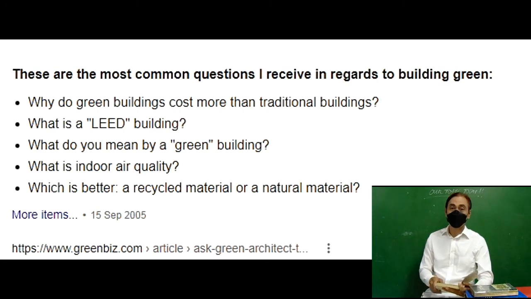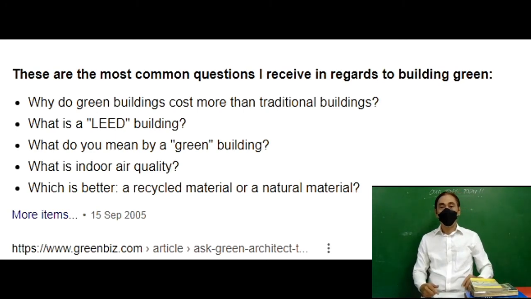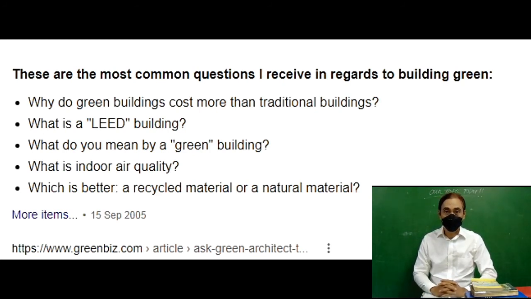Number 3: What do you mean by a green building? In your own opinion, what is a green or sustainable building? Number 4: What is indoor air quality? Number 5: Which is better, a recycled material or a natural material?